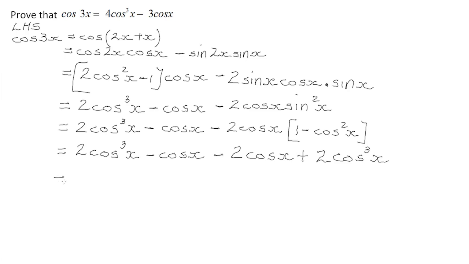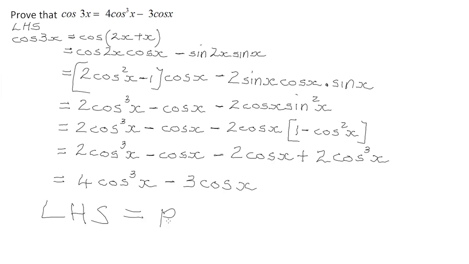And your last step is now, we will add the like terms. 2 cos cube x and another 2 cos cube x gives me 4 cos cube x. A minus 1 cos x and a minus 2 cos x gives me minus 3 cos x. Therefore, our left-hand side is equal to our right-hand side.